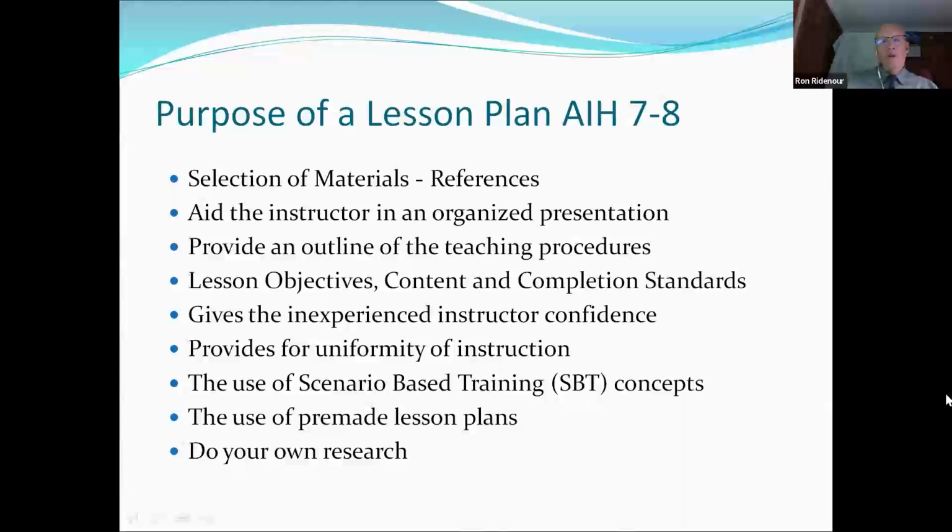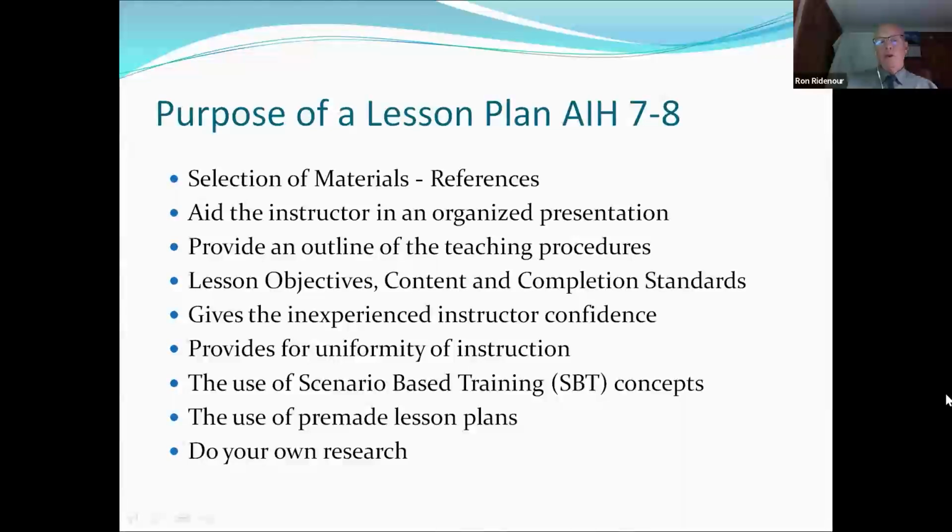and we want to use scenario-based training concepts as much as we can, and we'll talk more about that later. Even if you use pre-made lesson plans, you need to do your own research, because of some of the things you learned during your instruction, growing through your career in aviation, you may have forgotten some of the finer points or key details.